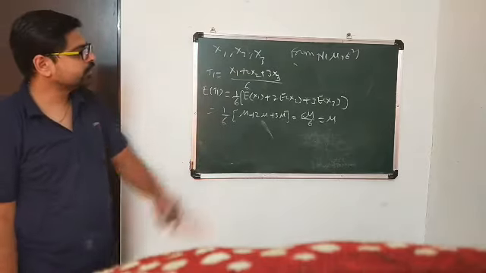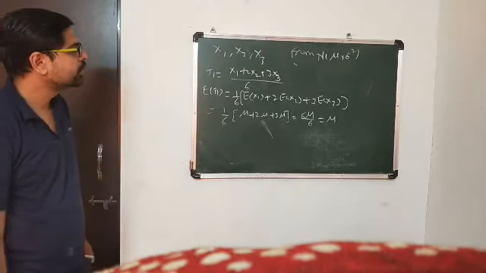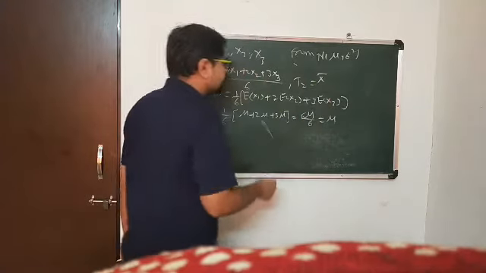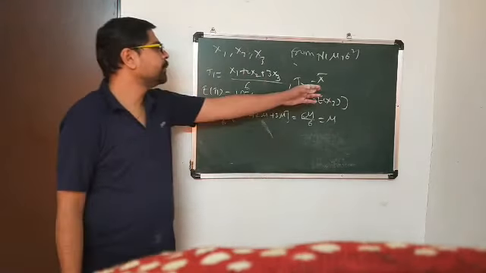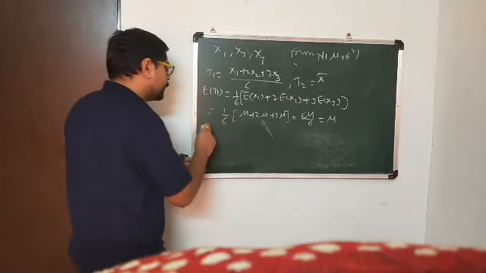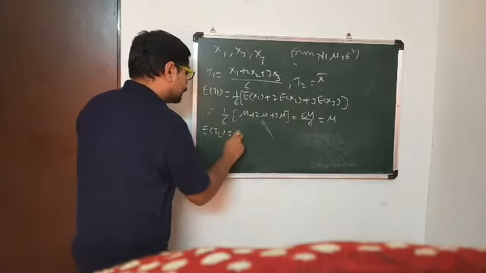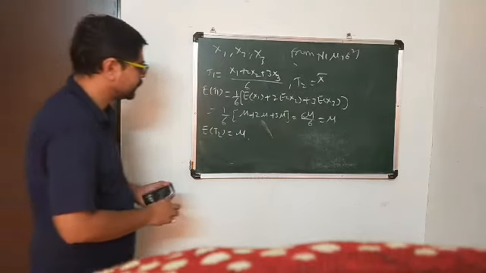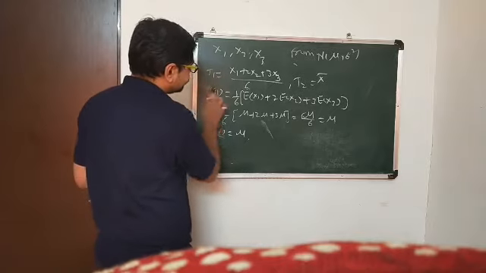So T1 is an unbiased estimator of mu, and suppose T2 is the mean. We know that the sample mean is an unbiased estimator of the population mean. So the expected value of T2 is also mu. Now we will calculate the variance of T1 and T2.